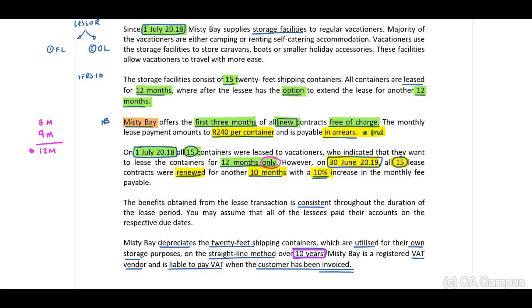And then the important sentence, Misty Bay is a registered VAT vendor and is liable to pay VAT when the customer has been invoiced. Liable to pay VAT when the customer has been invoiced, right? The monthly lease payments amount to 240 Rand per container and is payable at the end of the month.